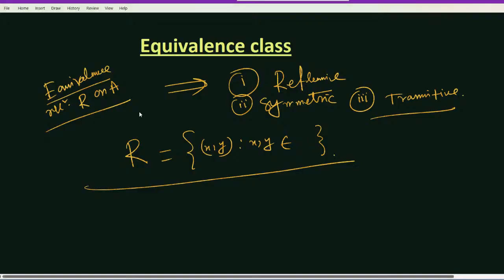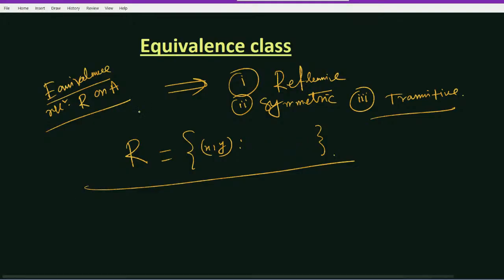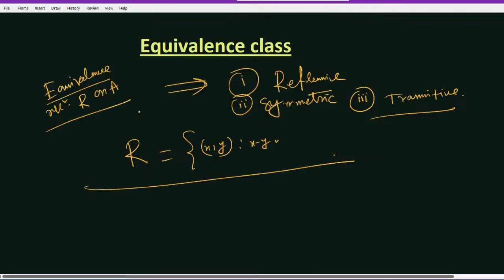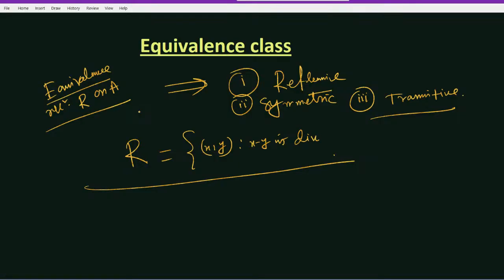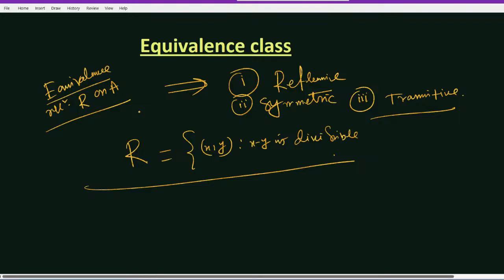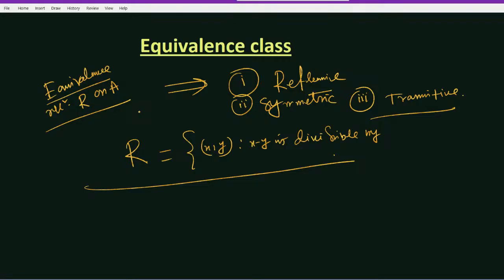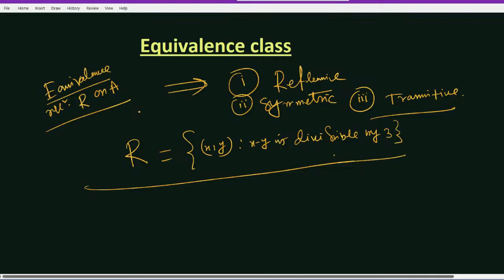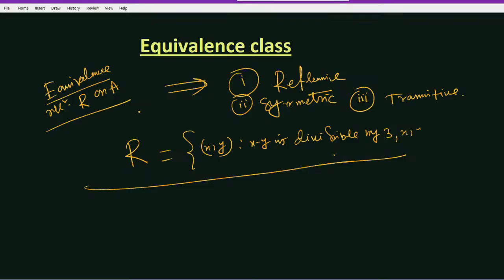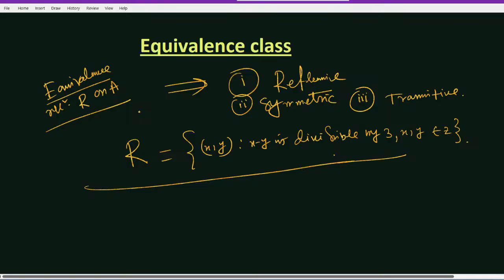And wait a minute, this condition I forgot to write: x, y such that x minus y is divisible by 3. And x and y belong to Z.